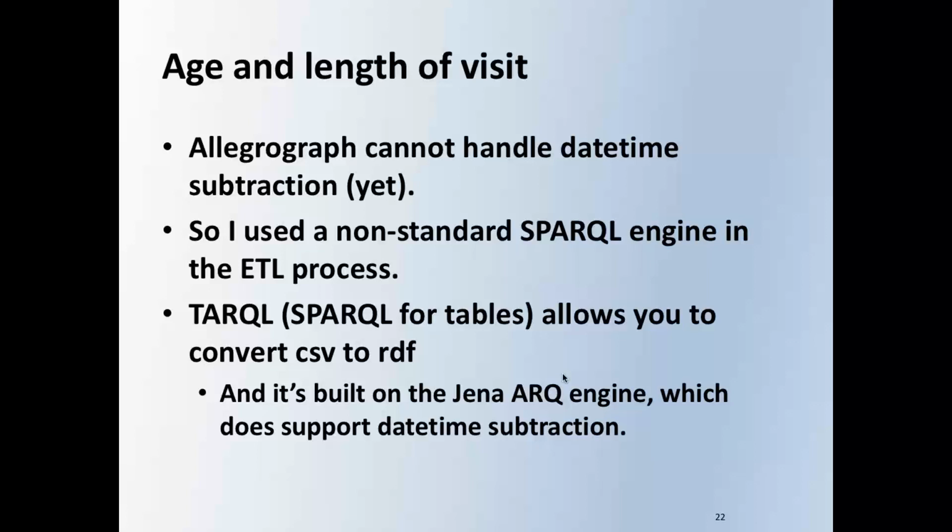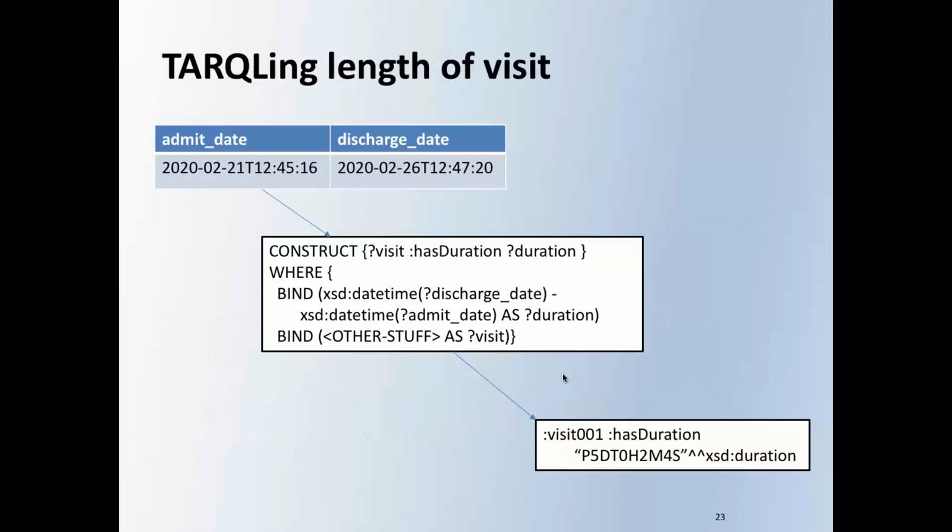So what I actually did was use TARQL to do the datetime subtraction that I wanted to calculate the length of a hospital stay. We had some CSV data that looked something like this, where you have an admit date and a discharge date, and then the SPARQL that runs against this to convert it into RDF looks something like this.